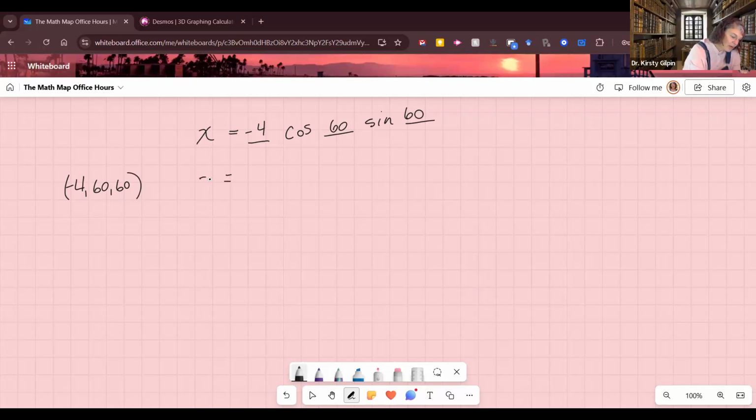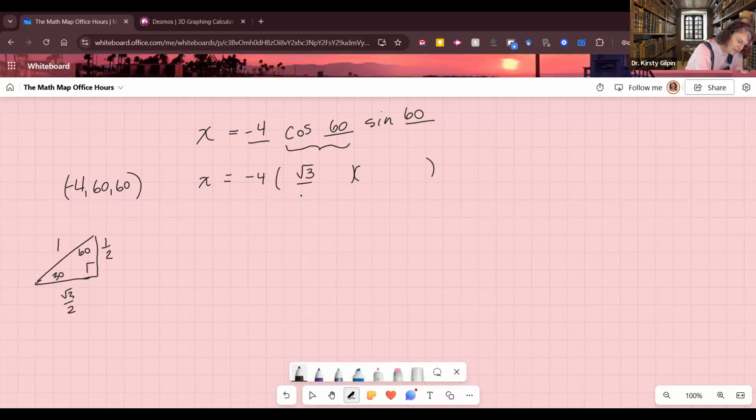Below that, my -4 stays the same, but what we're going to put in here is literally the cosine of 60. I have not memorized this, right? So I always have to draw my picture. So this is my 30, 60, 90. This is 1, 1/2, and this is the square root of 3/2. So my cosine of 60 is the square root of 3/2.